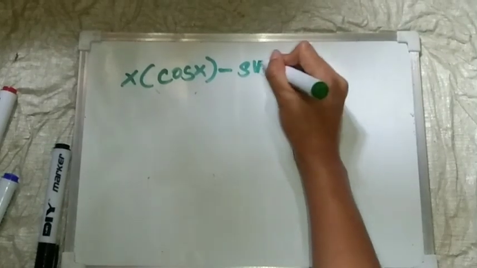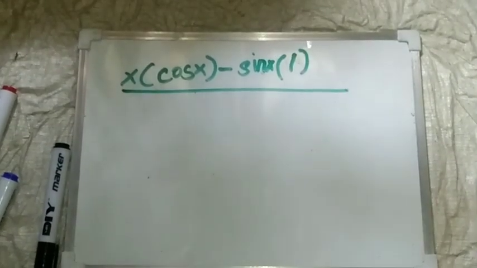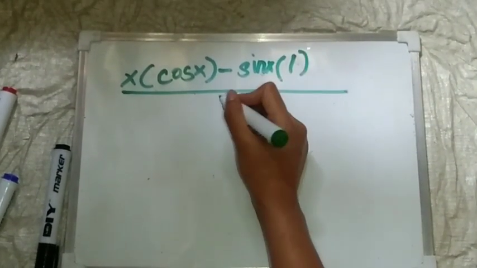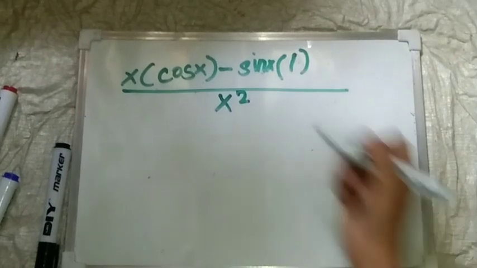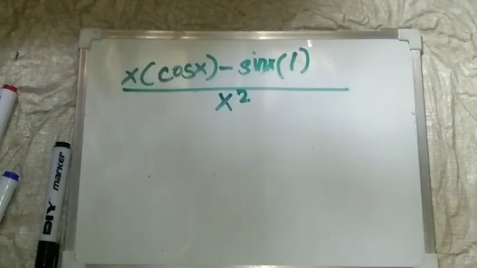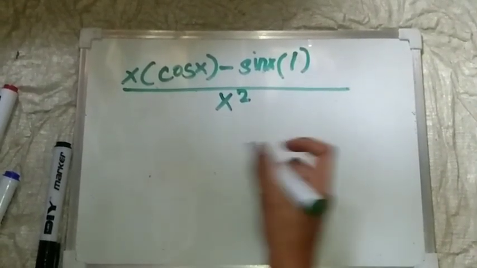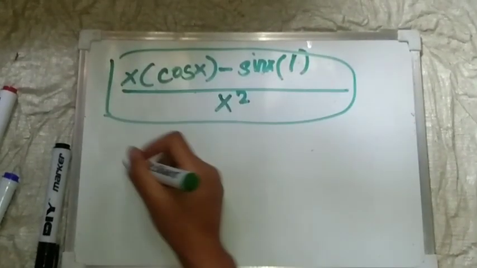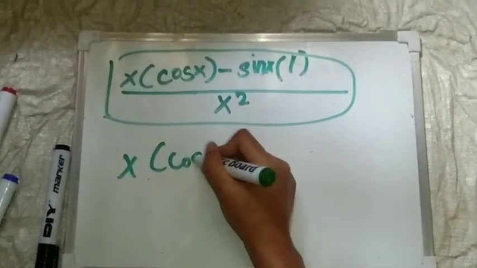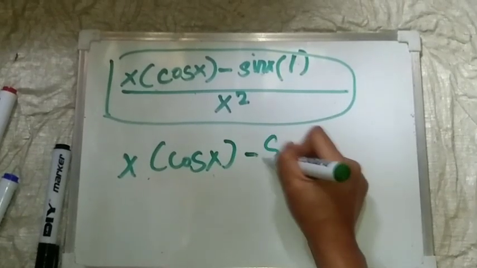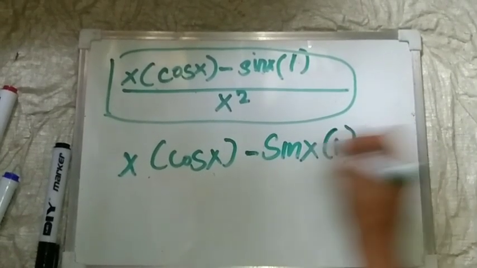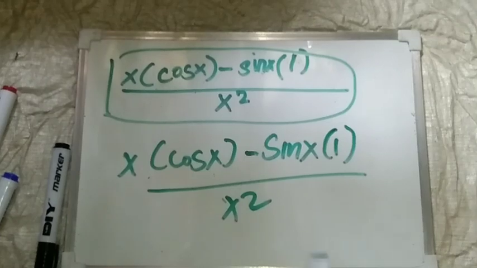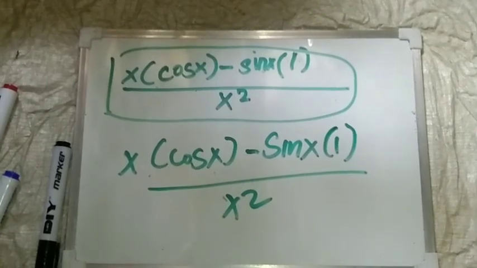This is sine x. And then over our g squared, which is x squared. So this one is really the answer. So the final answer is x cos x minus sine x times 1 over x squared. So that is our answer.